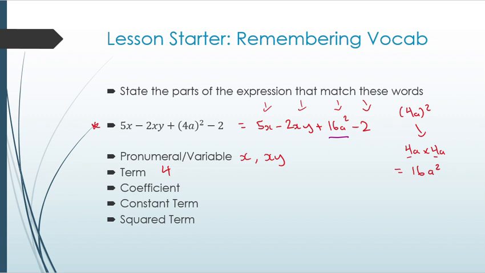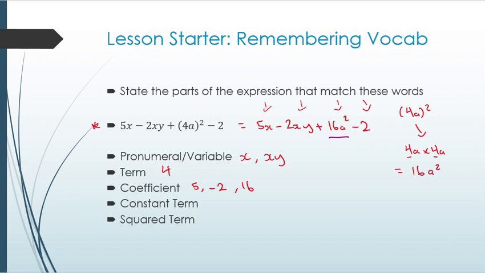Coefficients are just the number in front of the pronumeral variables. So I have the numbers here, 5, I have the number here, -2, and I have the number here, 16. Those are just the numbers that are directly multiplied to the variables.